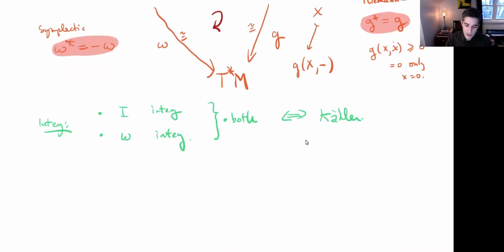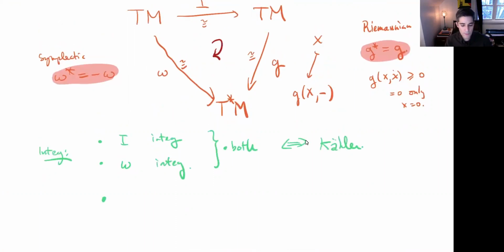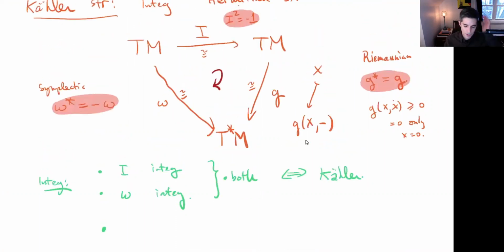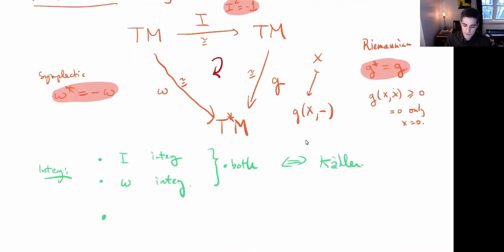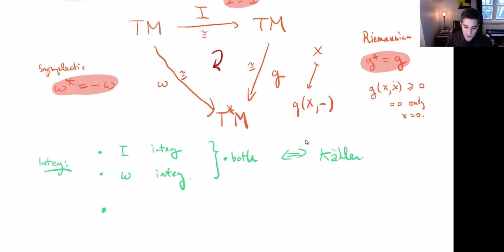Or you could be even more extremely enthusiastic, and you could require the curvature tensor of G to be 0, or you could require the Ricci tensor of G to be 0. And this would be a much stronger type of integrability that goes beyond Kähler.